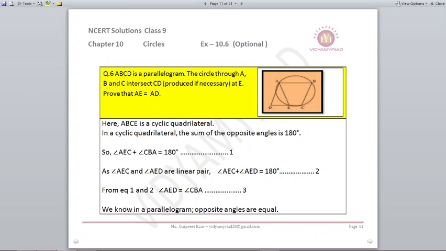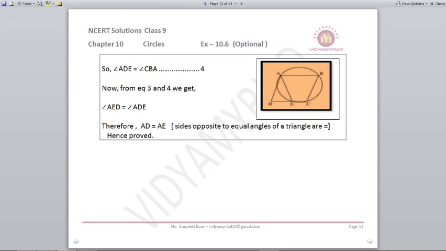But in parallelogram ABCD opposite angles are equal. So we can say that angle ADE is equal to angle CBA, and from both the equations it is quite clear that angle AED is equal to angle ADE, and when the base angles are equal we can say their opposite sides are also equal, so we can say that AD is equal to AE.